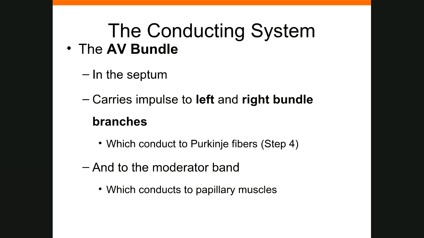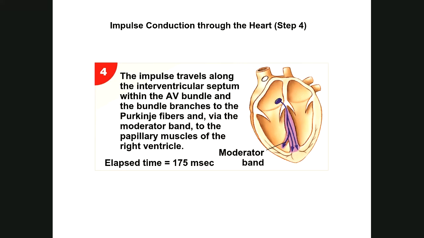And then, from the AV node, I love to look at this by pictures, it reaches the atrioventricular bundle, and then the right and left bundle branches, reaching the Purkinje fibers, and going via the moderator band. So they are going to reach those Purkinje fibers.